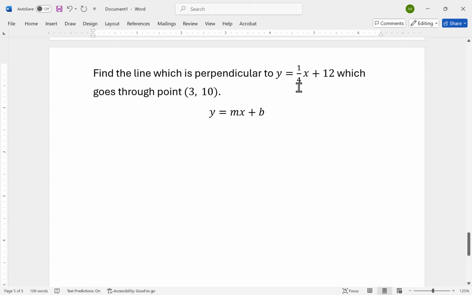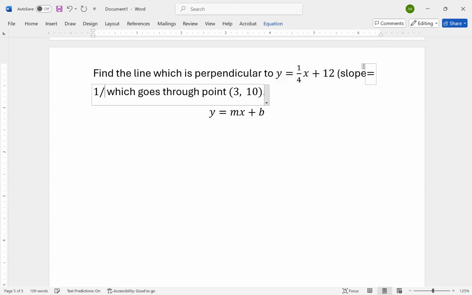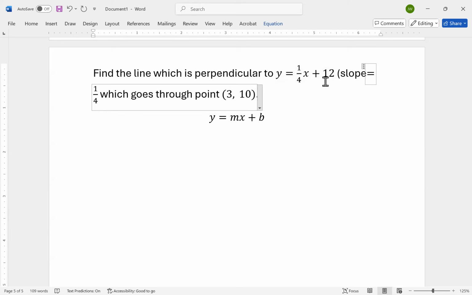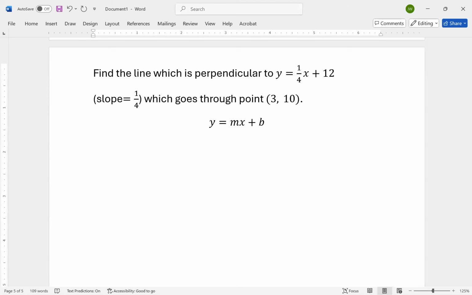On this one, we're going to have two slopes. I want to point out that the slope of the given line is equal to 1/4.